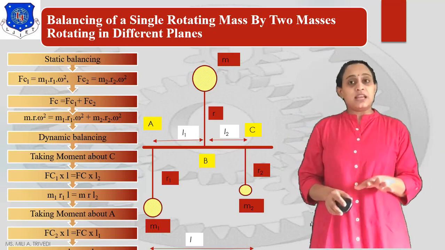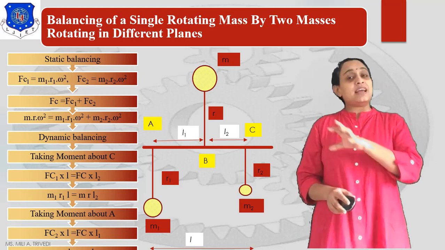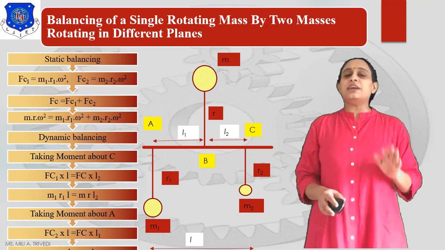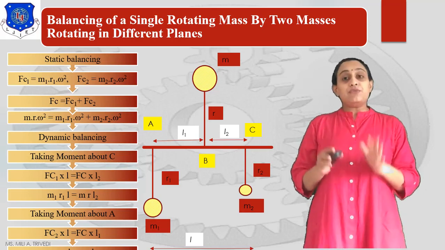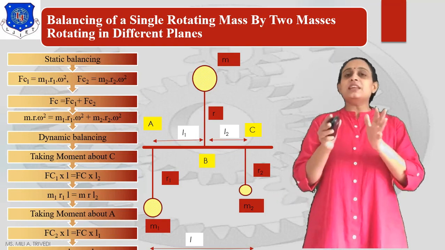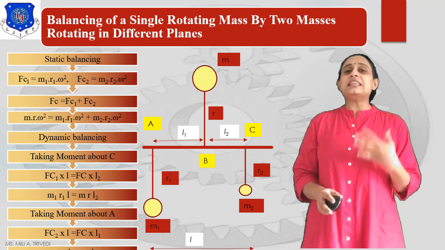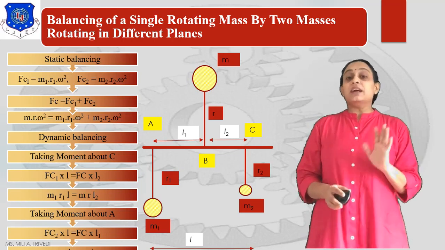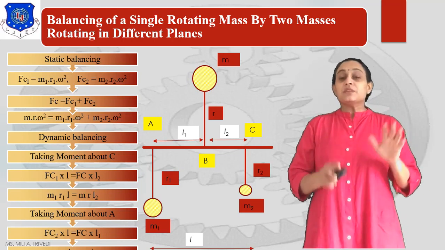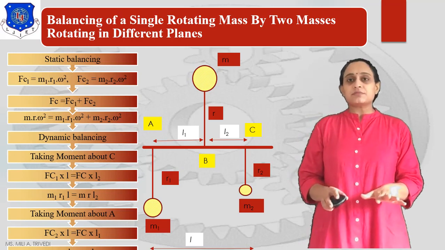Now in this case, if we know the radius r1, if we know the mass m as well as radius r, we can easily find out mass m1. If we know the mass m, radius r and radius r2, we can easily find out the mass m2. By all these equations, we can easily find out the masses. Now remember one thing, these are the very basic theories of balancing.